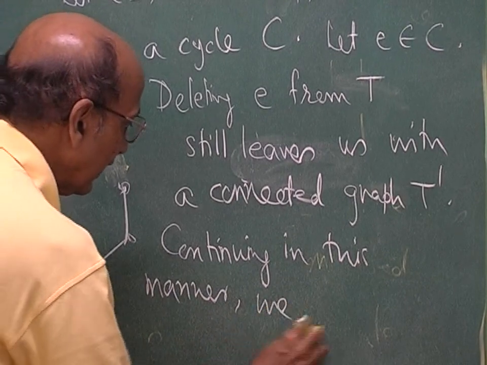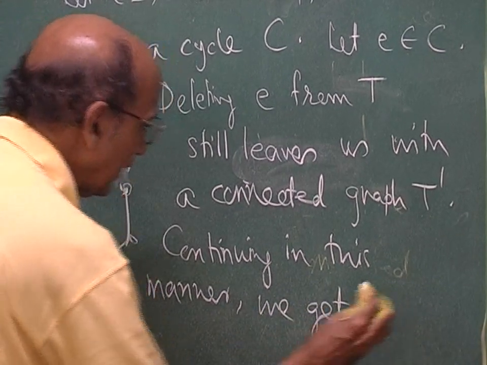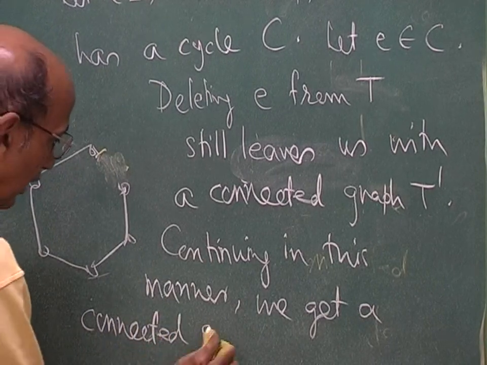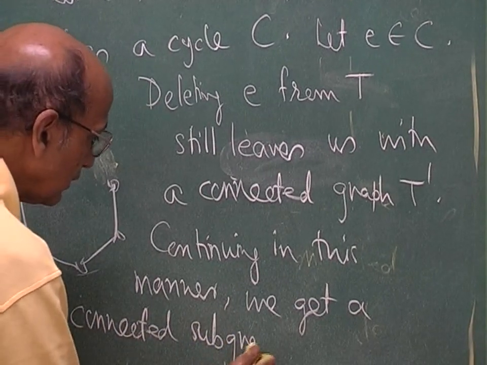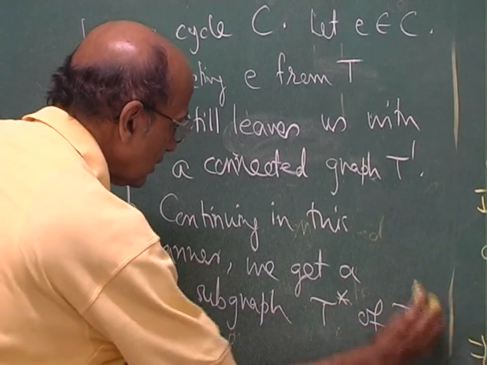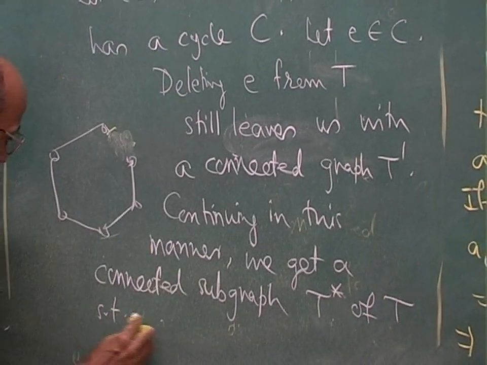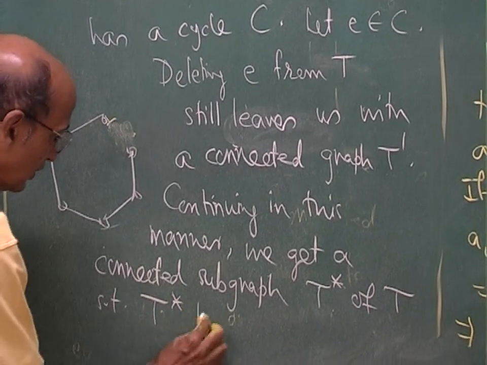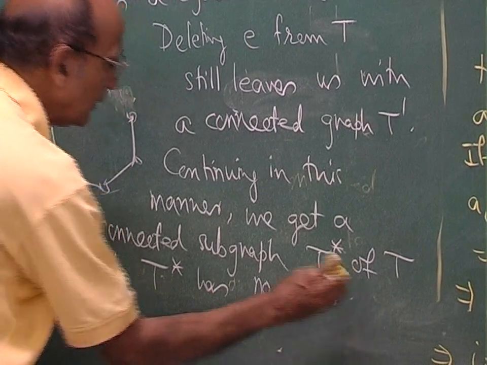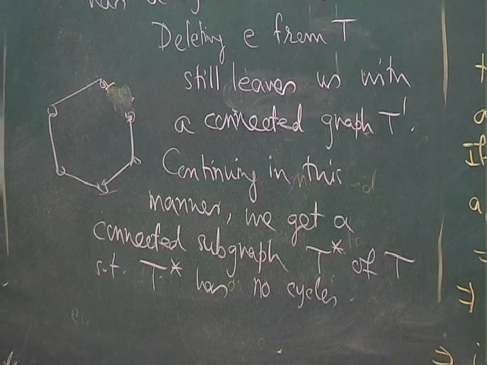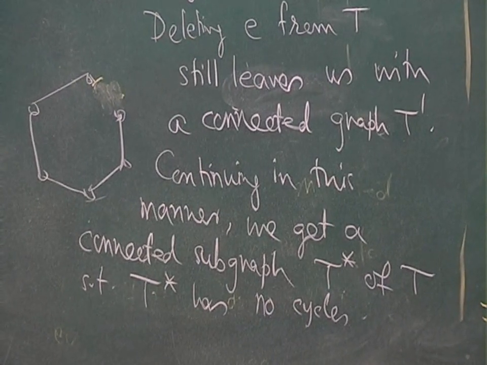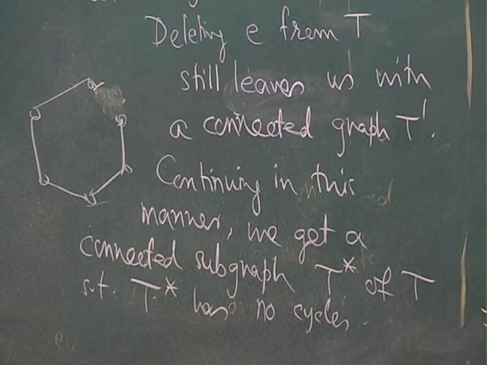Continuing in this manner, we get a connected subgraph T star that has no cycles. Is that clear? For example, if you just begin with a cycle, deleting one edge is sufficient.